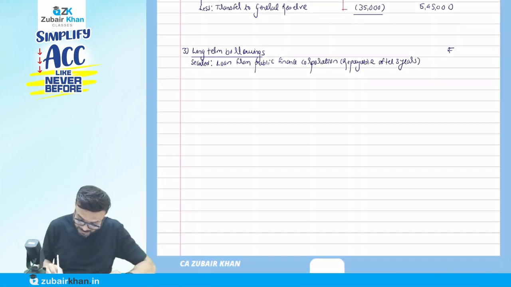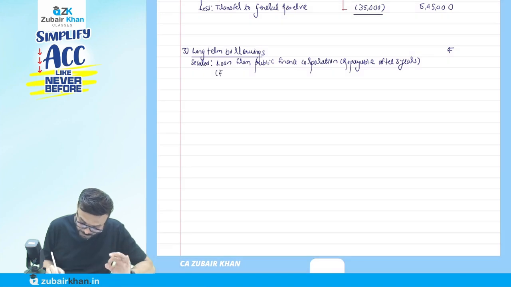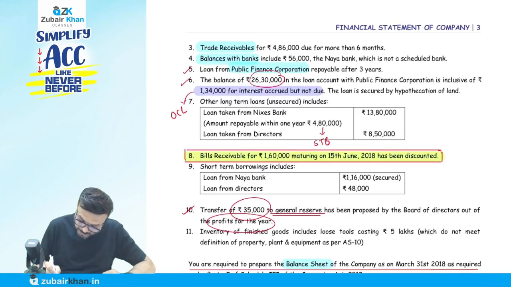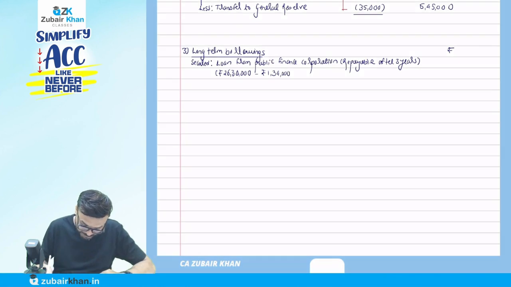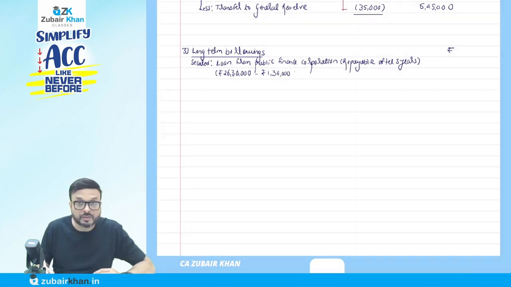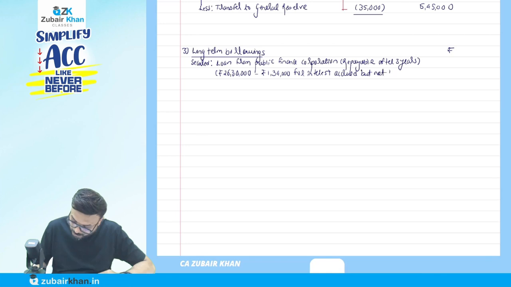Now understand this. Write down in the inner column 26,30,000 minus 1,34,000. For your reference, you can write it down: 1,34,000 for interest accrued but not due.